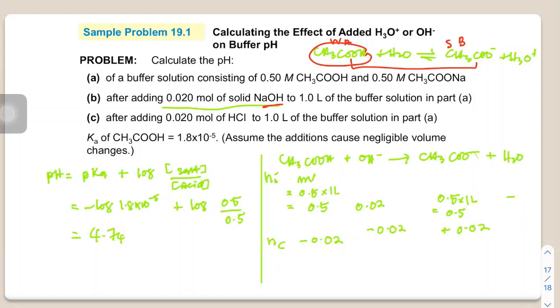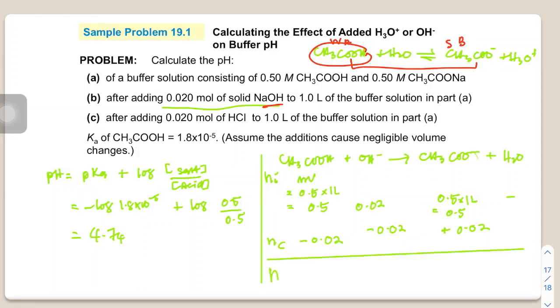Okay, why plus and minus 0.02? It is because the amount of the hydroxide that is being added is 0.02 mole, so it will react with acetic acid with the same amount. Okay, because their ratio is 1 to 1, so 0.02 will require 0.02 mole of the acetic acid, and it will produce 0.02 extra acetate ion.